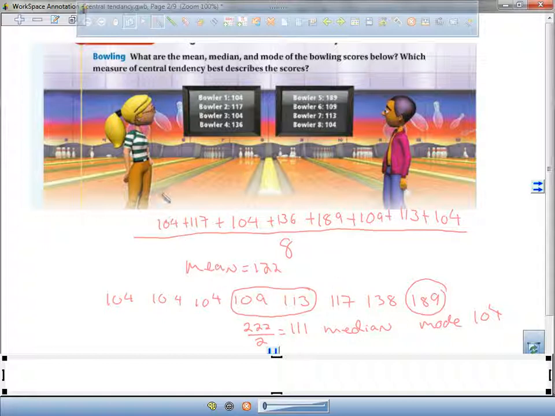So if your neighbor makes $10 an hour and your other neighbor makes $11 an hour, and someone else makes $15 an hour, and then you have the other guy who's like a brain surgeon who makes like $3,000 an hour, and you're trying to take the average salary in your neighborhood, this guy doesn't really count. He's a brain surgeon, he makes way more than anyone else. So when you have an outlier, the median is a better measurement tool than the mean.